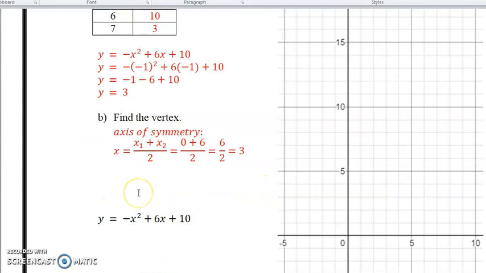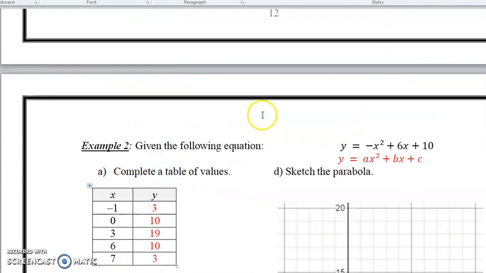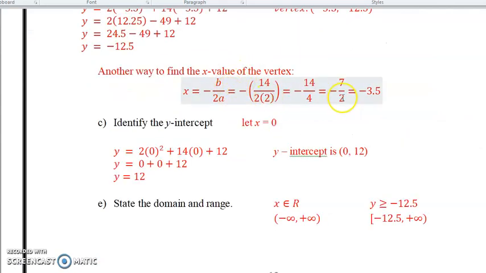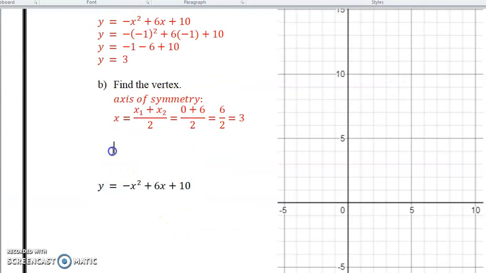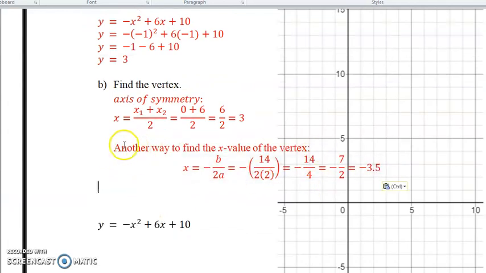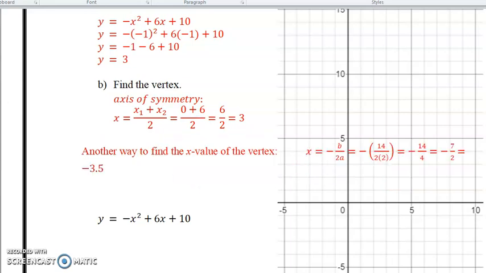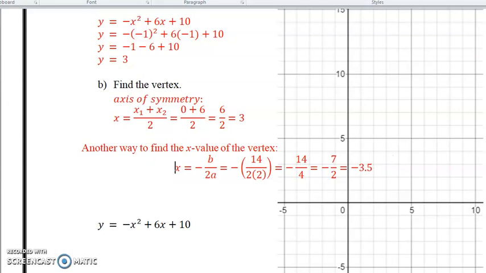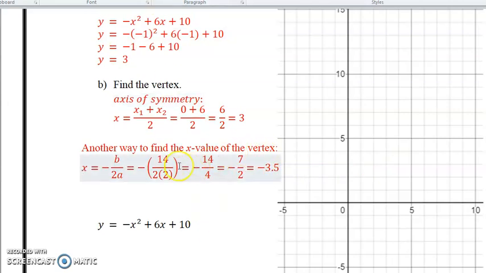So another method is using x equal to, and we did it up here, I'm going to grab that. And remember, another way to find the vertex is using minus b over 2a.